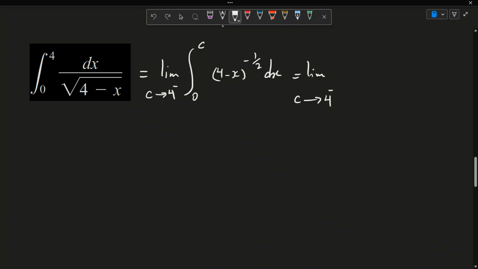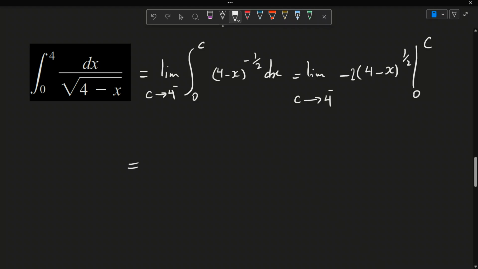And this one, if we use substitution for minus x as t, then dx is minus dt. We have a negative sign. And t to the minus half, we need to add 1 to the power, which becomes t to the 1/2 divided by 1/2. So it is minus 4 minus x to the half divided by half, looks like multiplying by 2, from 0 to c.